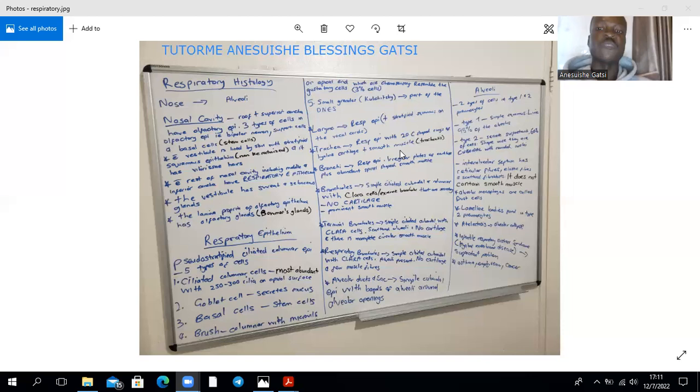Right? You're going to find Clara cells, which can also be called exocrine bronchiolar cells. There is no cartilage, specifically in the smaller bronchioles, and there is prominent smooth muscle, right?